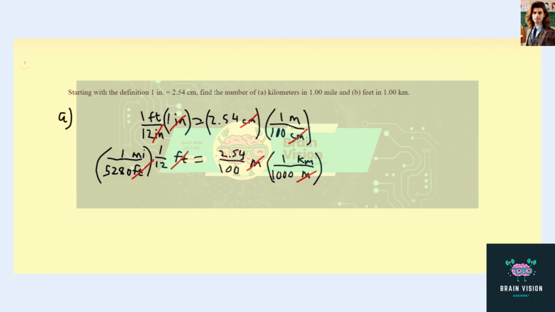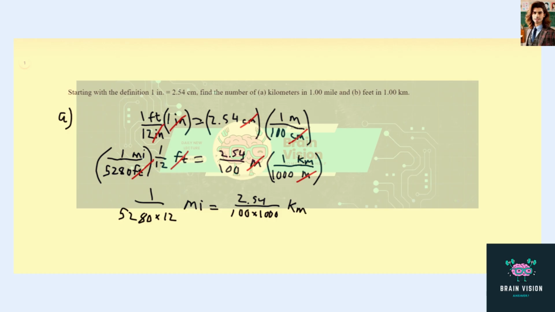So now we want to make sure that the equality actually matches what we want to get in the end. We want how many kilometers are in 1 mile. So if we rewrite this all, we can then see that these are just numbers in front of units.